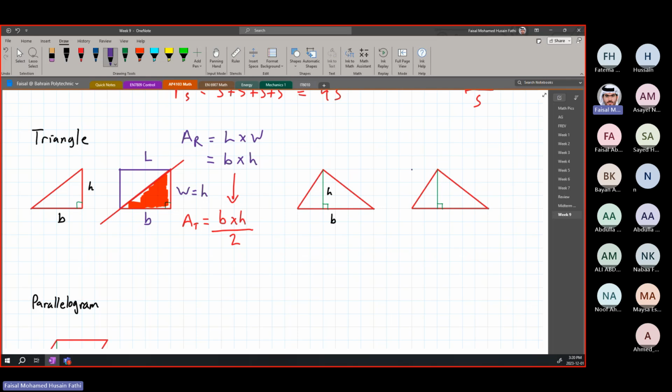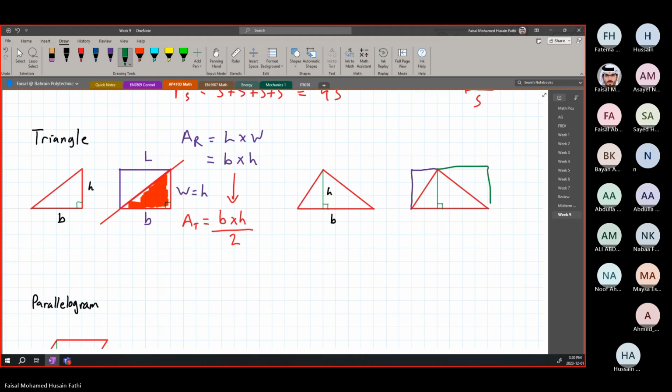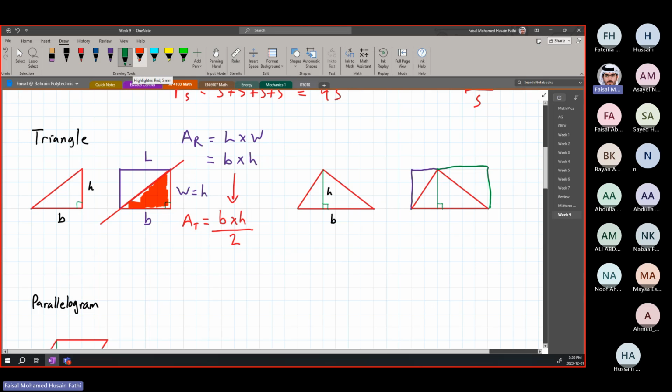So let's do the first rectangle over here. And then let's do the second rectangle over here. Okay, that's a bad rectangle, but you get the concept. So let's basically cut it in half. And we apply the exact same concept. What we are trying to find is this red part over here for both.